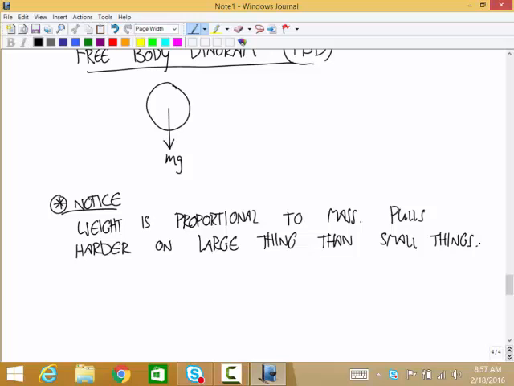Their acceleration is exactly the same. So I want you to think for a second about how you square those two ideas. How can those both be true? Did I make a mistake? No, I didn't.